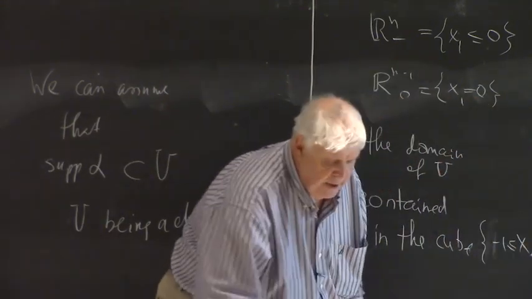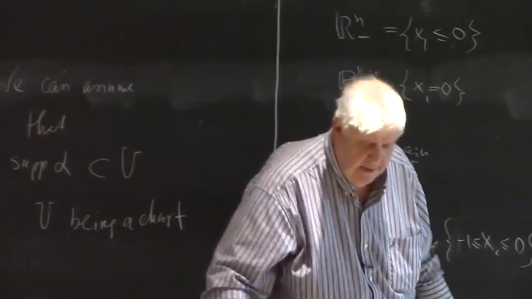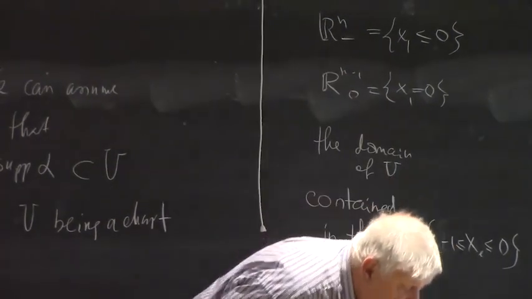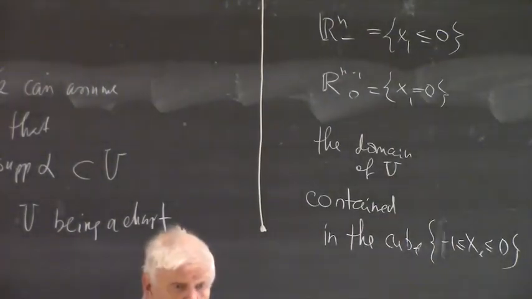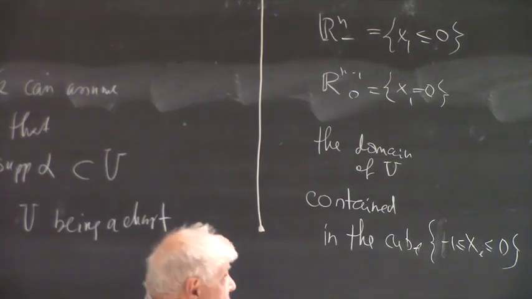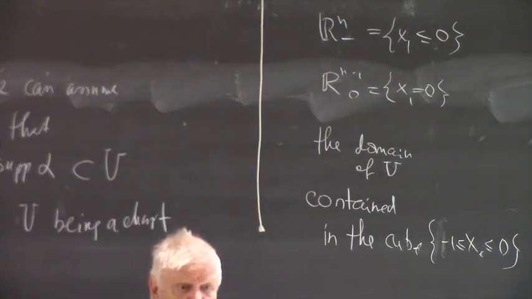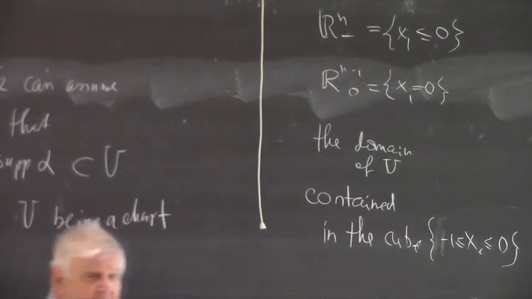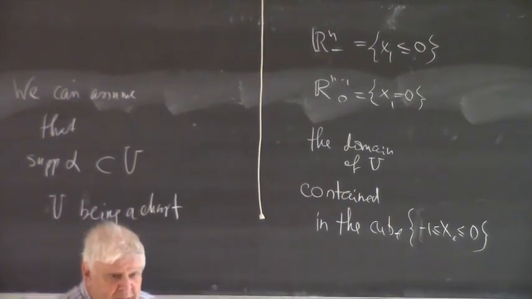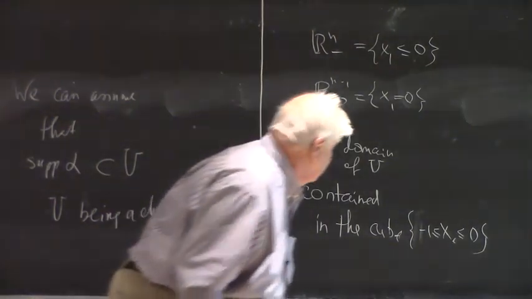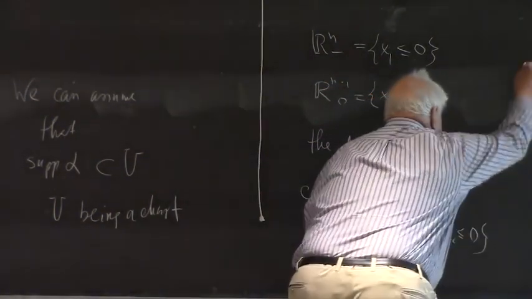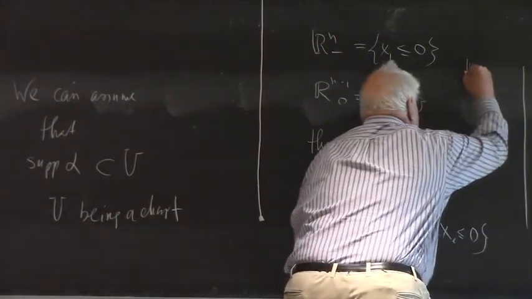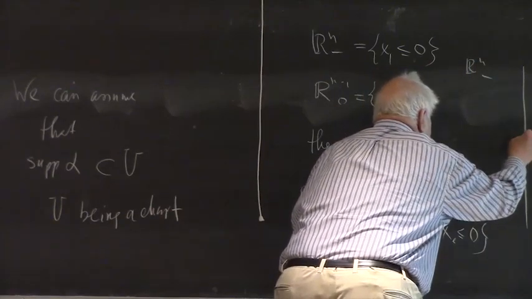Such strange cube, but I consider this precisely. It is open. So actually, the faces of this cube should be disjoint from U with one exception. You understand? This is my space R^n minus.